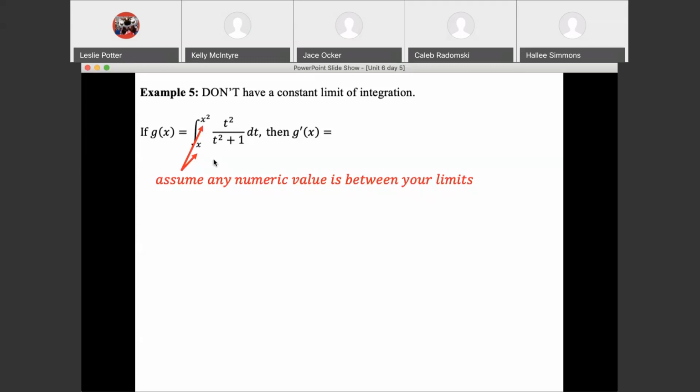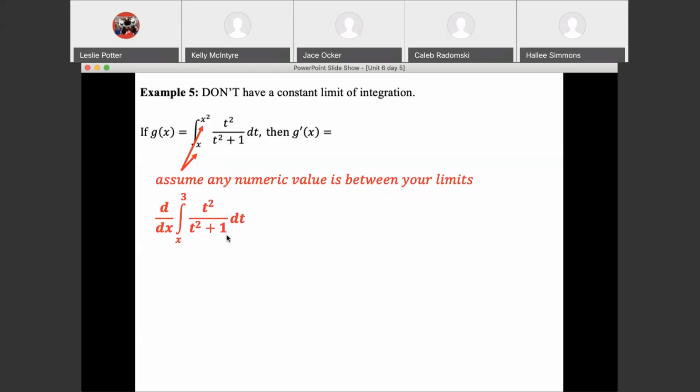This is what we're going to do. We're going to assume any number between x and x squared. I don't care what it is. Pick a number randomly. I just picked 3. I'm just going to say, hey, 3 is between x and x squared. And that's true, especially if x is 2 and x squared then is 4. So we pick any constant value.